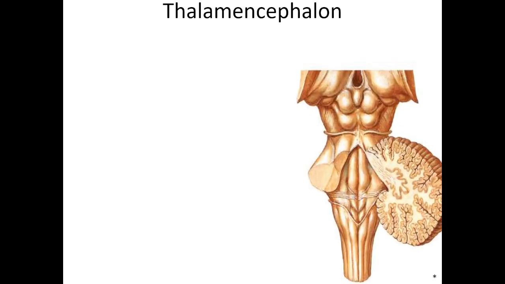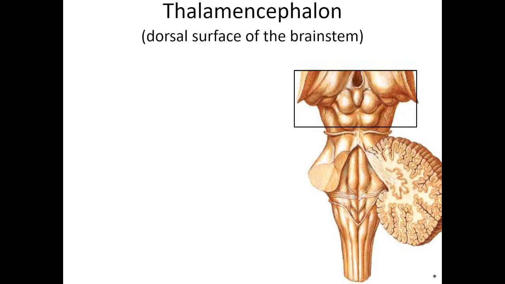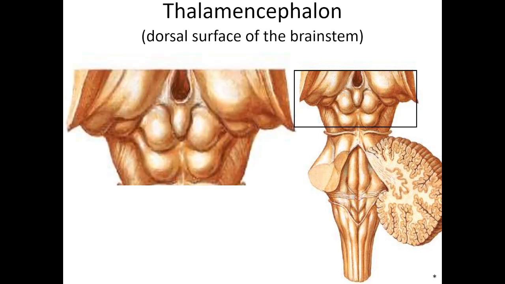Now let us find all these anatomical structures in another picture. This is dorsal surface of the brainstem, and I'm using this black rectangle to zoom in. So letter E means epiphysis.